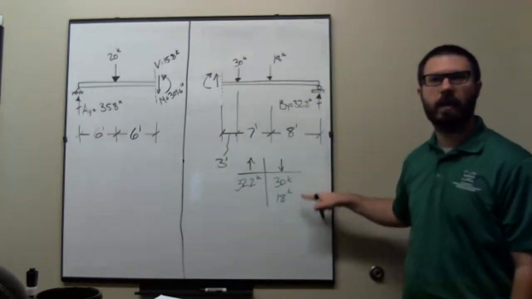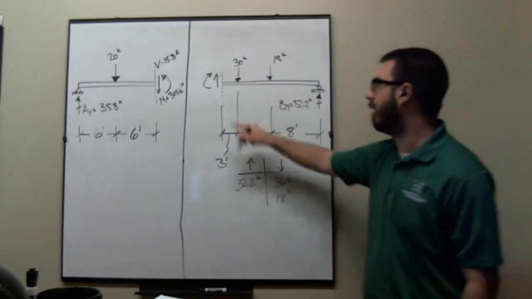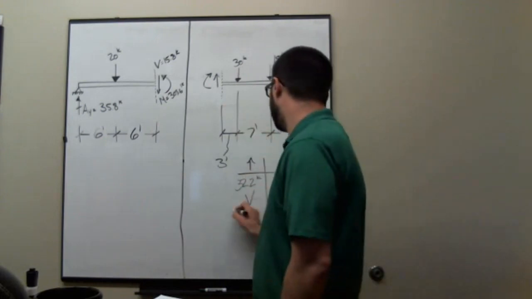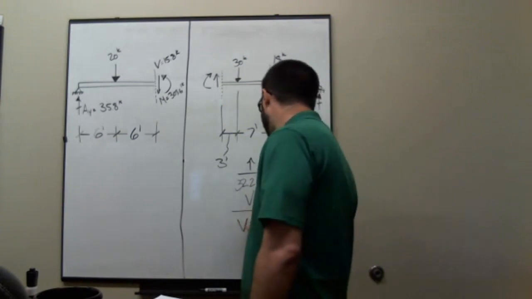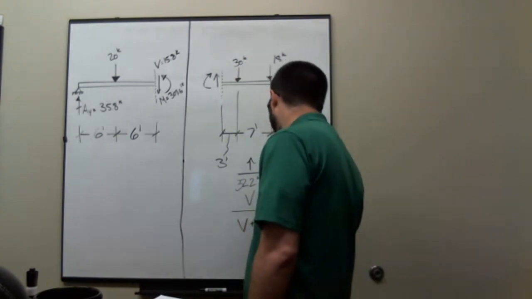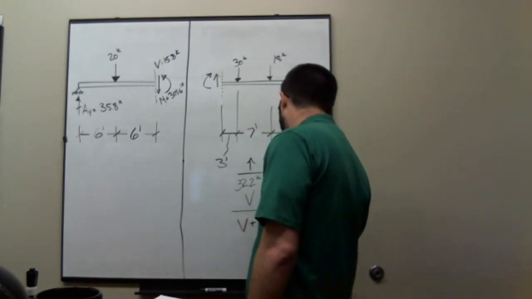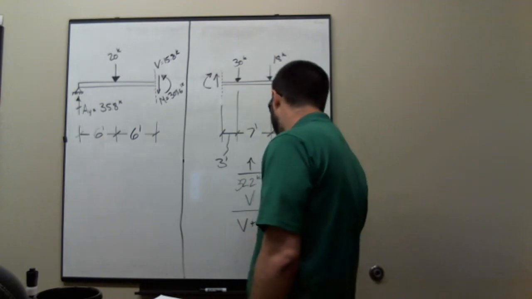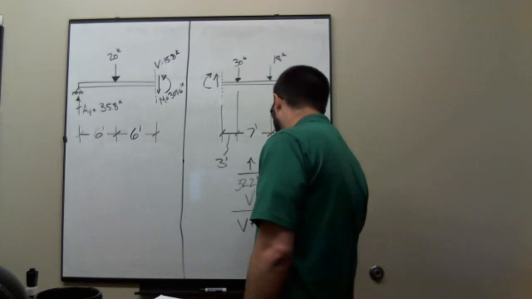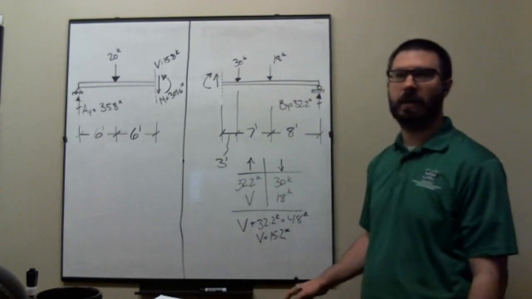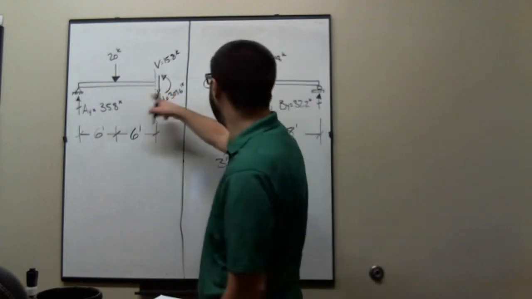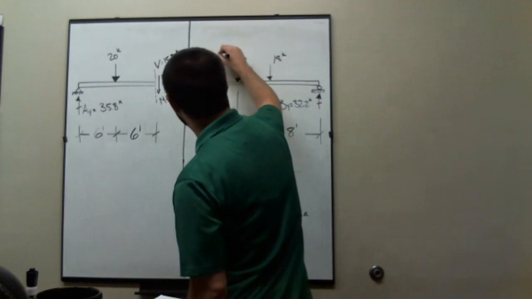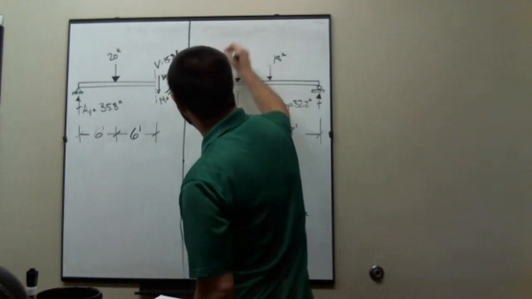So 30 down, 18 down, 32.2 going up. I've got my V drawn upwards according to its positive sign convention. So V plus 32.2 is 48. And so if I subtract, I get V is 15.8. Again, positive number. So if it's 15.8 kips over here, V is 15.8 kips there.